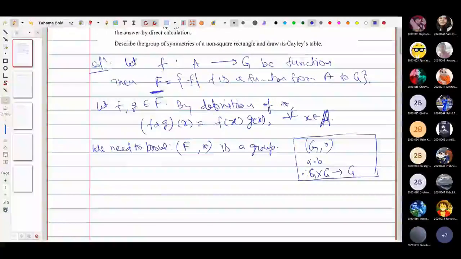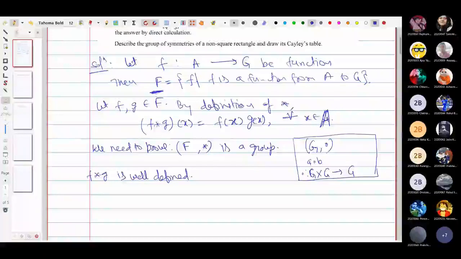So let us first prove that star is well defined, that is, f star g is well defined.